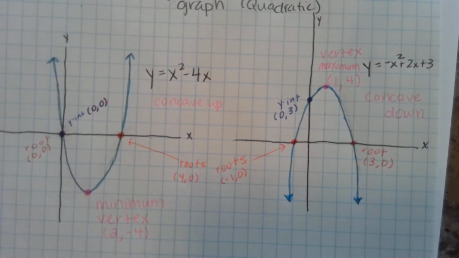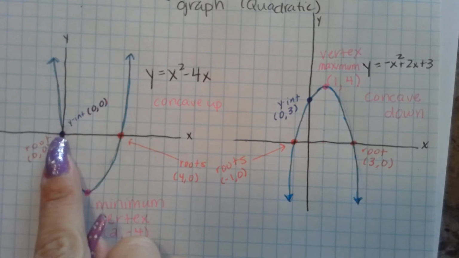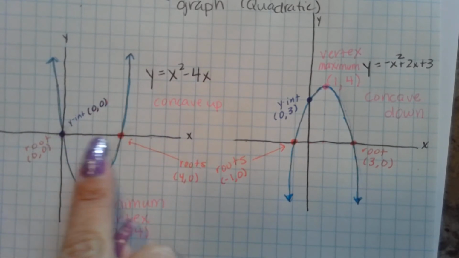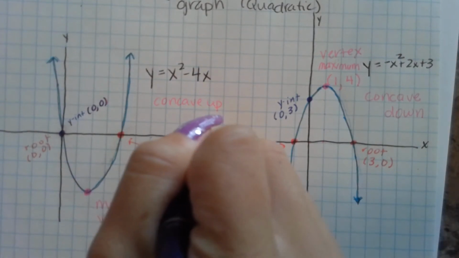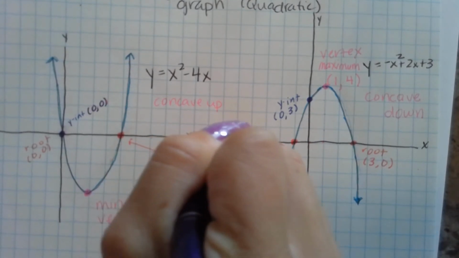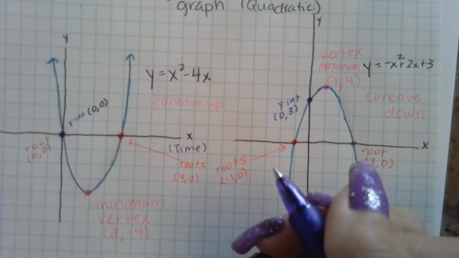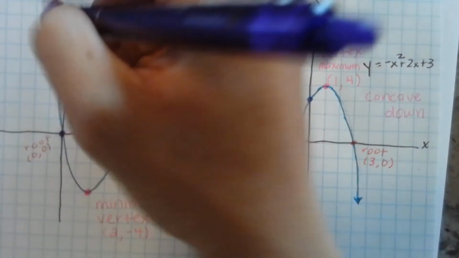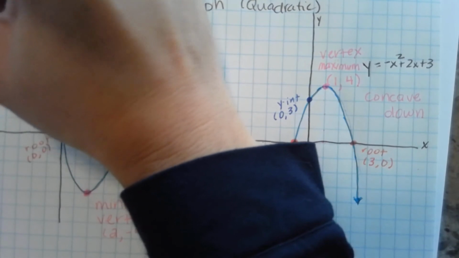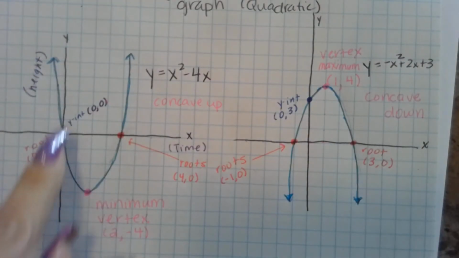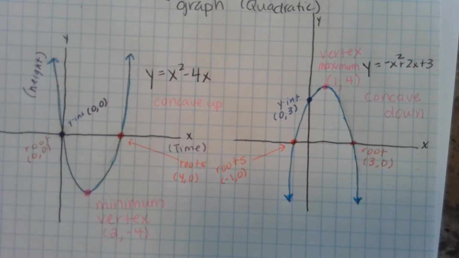Just to let you know, because we'll get into this a little bit later, we know that anything on the x-axis is usually going to be time. So I'll write that word. So we know anything with x is going to be time: minutes, seconds, hours, days. And we know anything with our y is usually going to be our height. Okay? How high something is or how low something is.